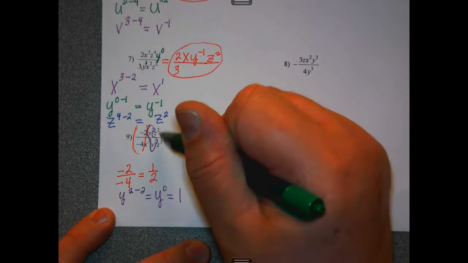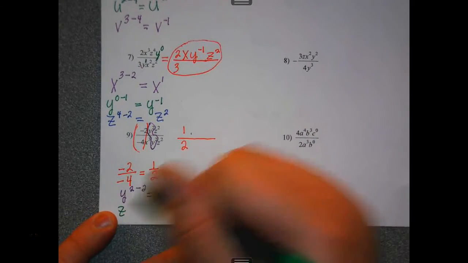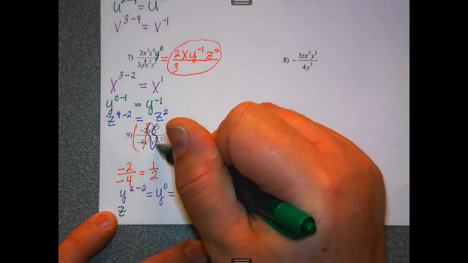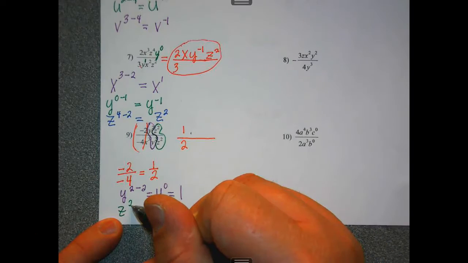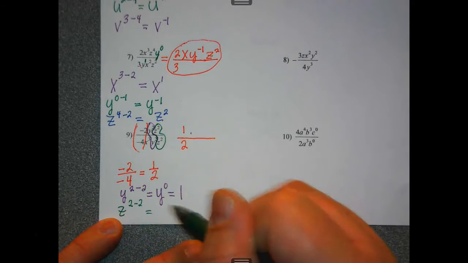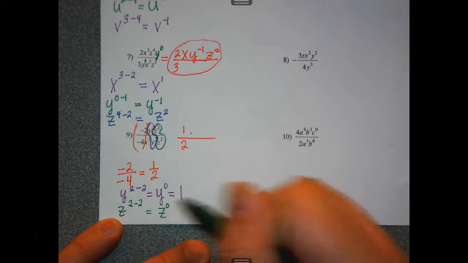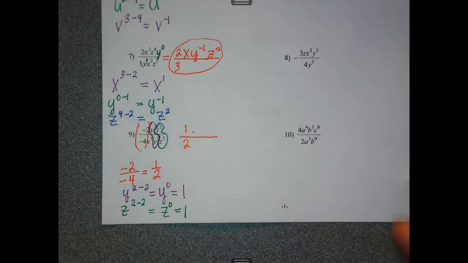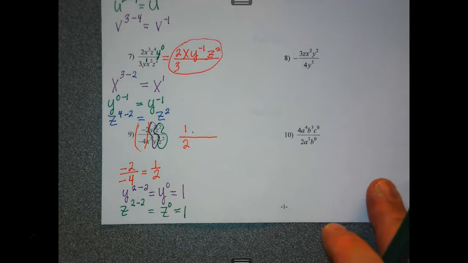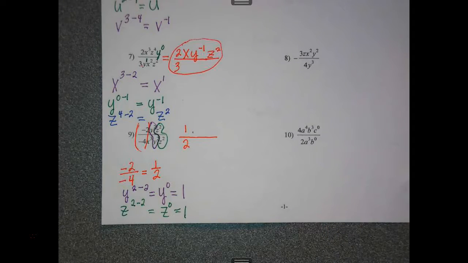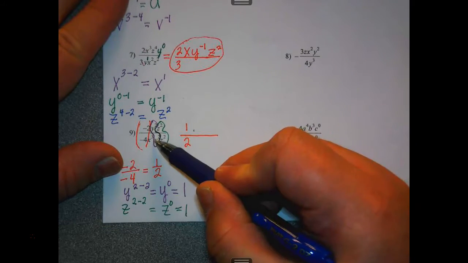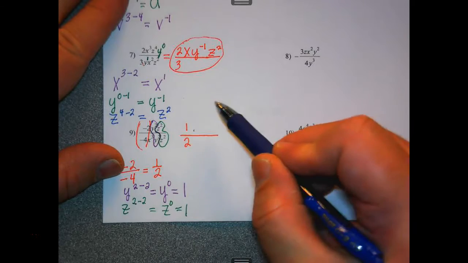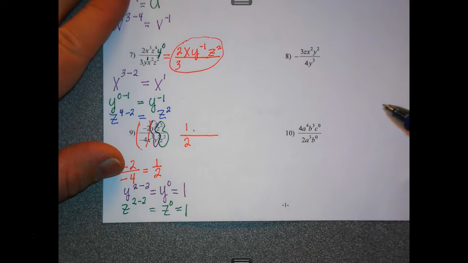How about my z's? I have z squared over z squared, right? So 2 minus 2. Hey, look at that. What do I have again? 1. I don't even need to put a 1 there. But I got a problem with my x's, don't I? I have an x cubed in the denominator, which means I have a what in the numerator? I have to have an x term in there, right?